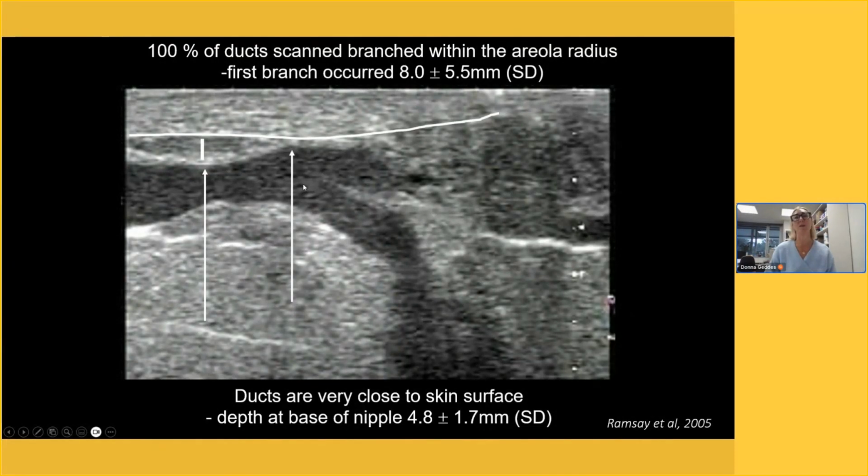You can see an early branch heading towards the glandular tissue that does fill the area behind the areola and the nipple. I've outlined the skin here, and you can see that the milk duct is almost directly under the skin here and just a few millimeters from the skin at this point here. So these are areas that are very superficial.